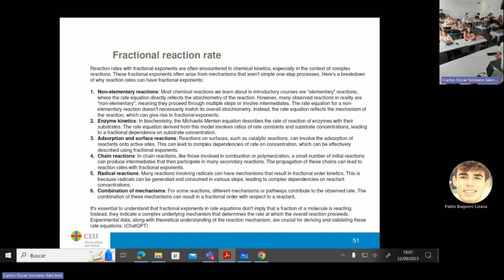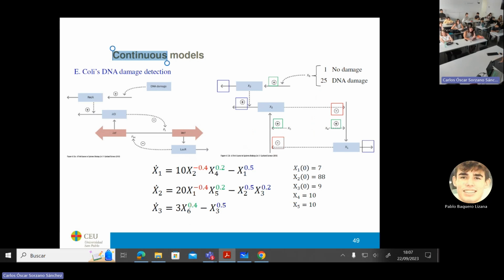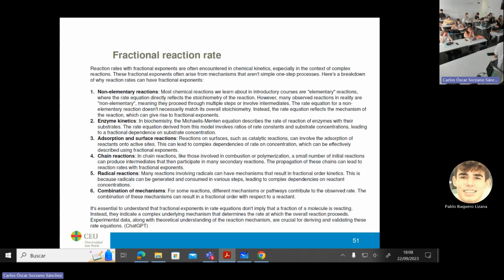And so, why is there a fractional power? Fractional powers are new in our models of chemical reactions. There are a number of reasons for these fractional reaction rates.